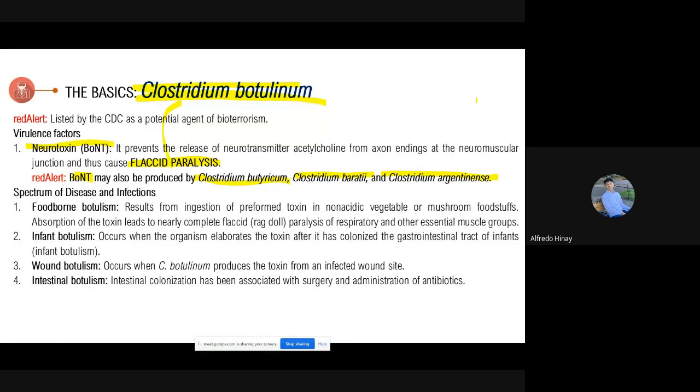Then for the spectrum of disease and infection, take note: food-borne botulism, infant botulism, and wound botulism.